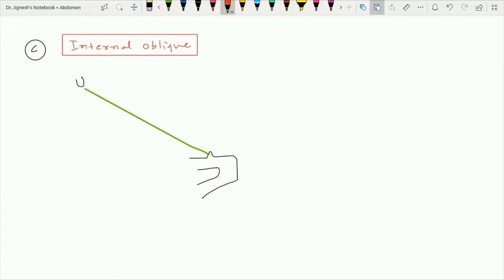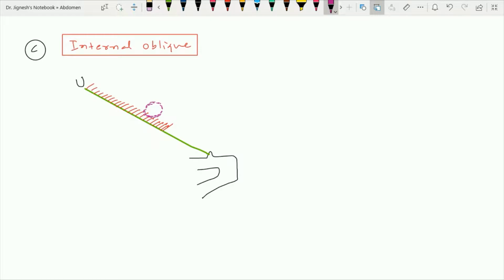As we have already discussed in our previous lectures, this internal oblique muscle arises from the lateral 2/3 of the inguinal ligament, and this deep inguinal ring, which is situated within the fascia transversalis, is somewhere present here at the mid-inguinal point.